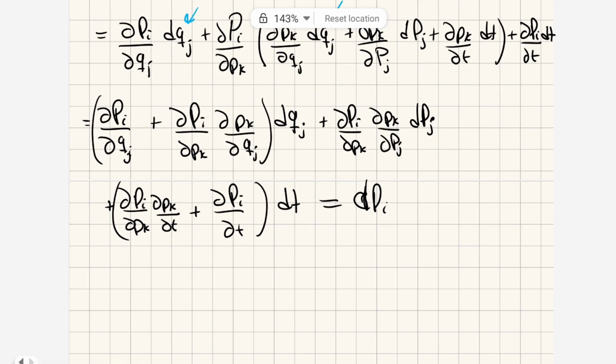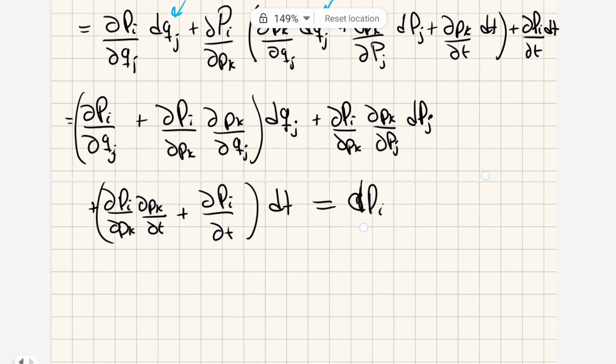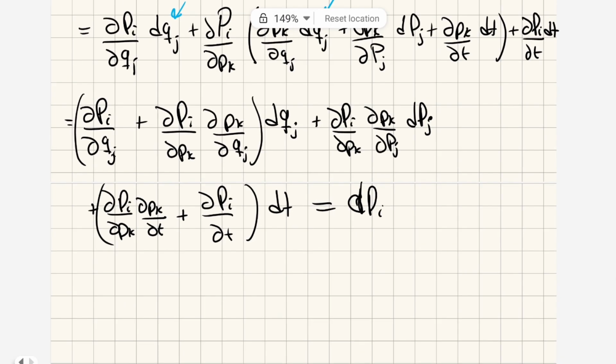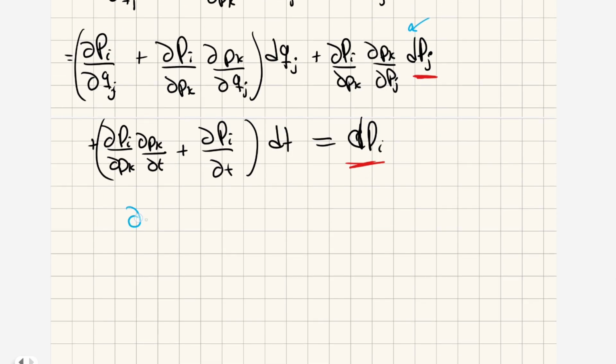Perfect. So what can we say about this? Look, we have this element and this element, so let's examine what happens with this. We are going to write the partial of Pi with respect to pk, times the partial of pk with respect to pj, times dpj.